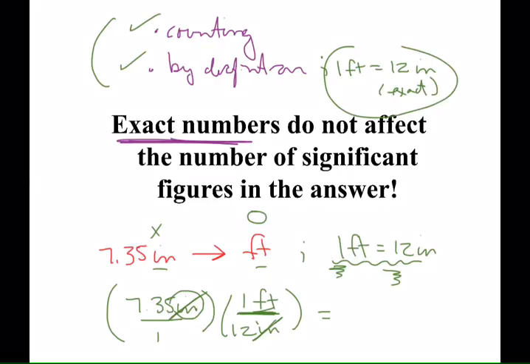My point here is, since we're multiplying and dividing, we count significant figures and round according to the term with the fewest significant figures. I got 3 sig figs up here.